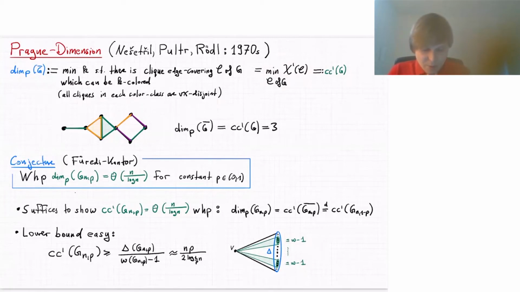And so now when you color the cliques of your covering, that means just that you color the edges of this hypergraph. So in other words, you're just looking at the chromatic index of this hypergraph. So you can just think of it as you look at the minimum chromatic index over all possible clique coverings of your graph G. And just for notational convenience, instead of talking always about the complement of G, we can just define some new property, in this case, say the clique covering index, which equals this quantity. Okay, so this is this notion of Prague dimension that we want to study.